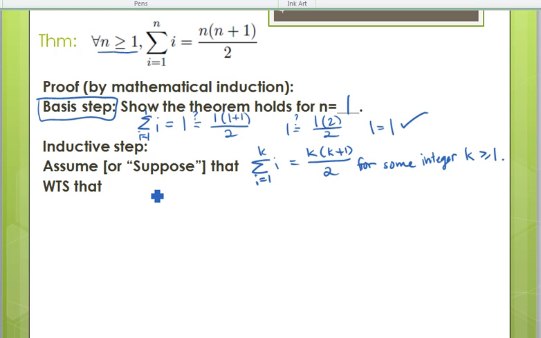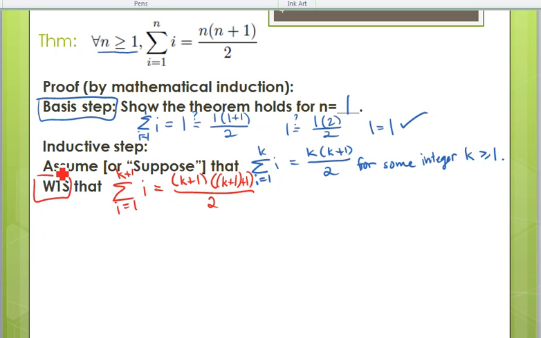So we want to show, and I'm going to do this in red so we keep this highlighted, we want to show that the sum from 1 to k plus 1 of i equals k plus 1 times k plus 1 plus 1 over 2. That's our want to show.